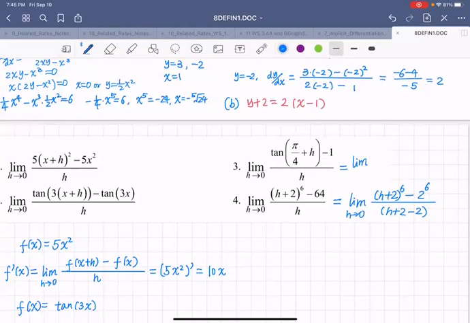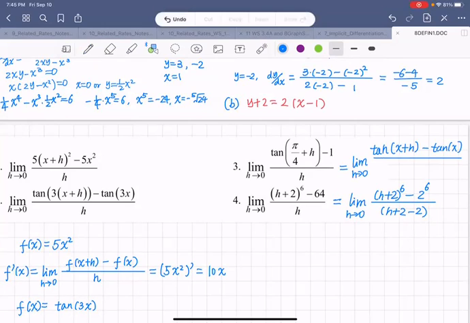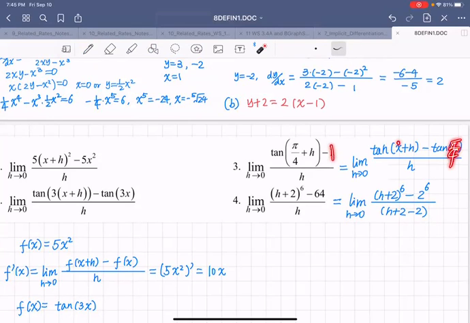If I rewrite this, correct? Because, look, tangent pi over 4 is who?